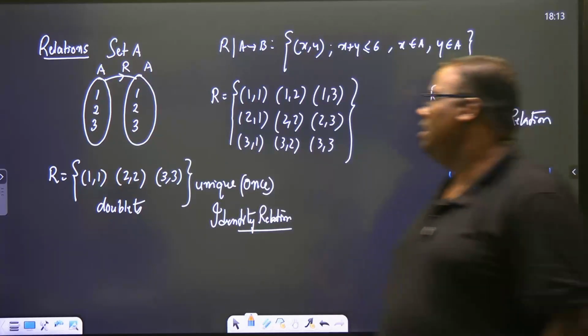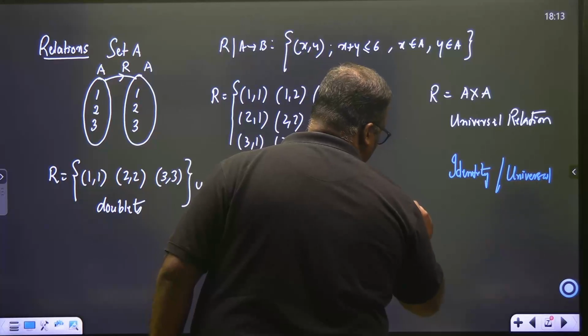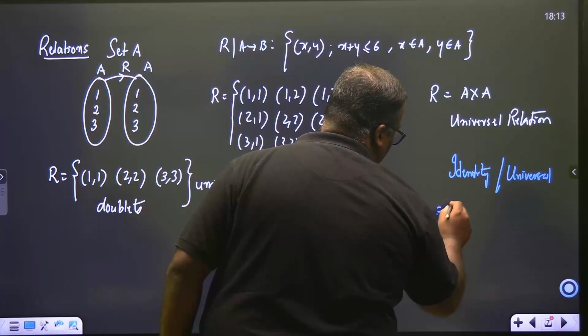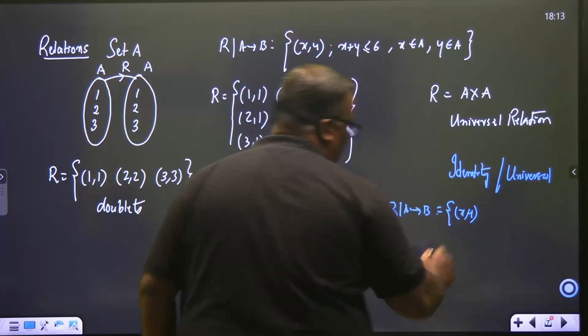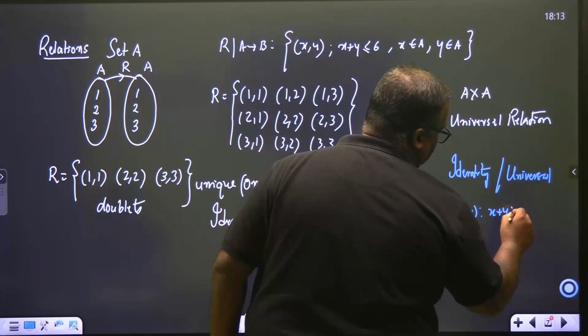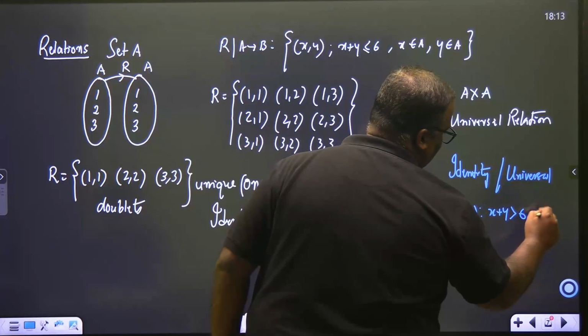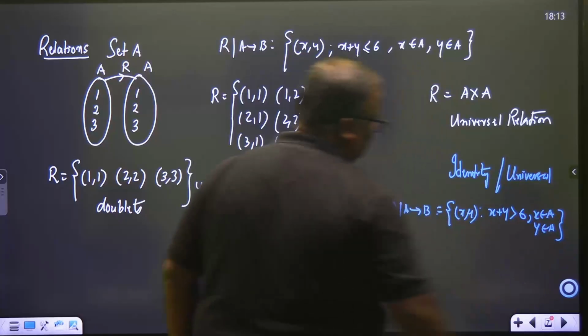Okay. Now create one more relation here. R is a relation from A to B such that it creates ordered pair xy such that x plus y is greater than 6 for an x belonging to A and a y also belonging to A. Let's map this relation.